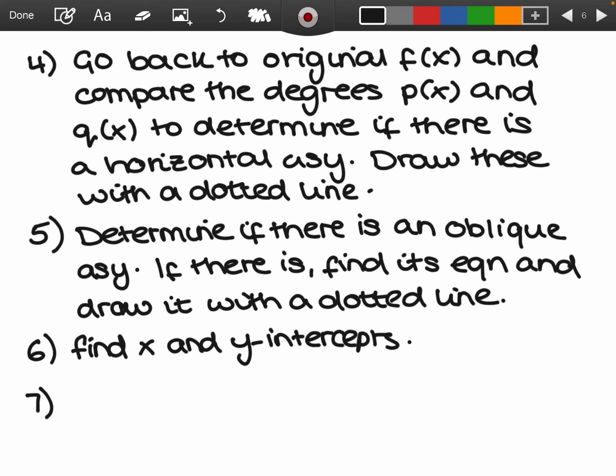And the last thing to do before we actually draw this is to determine the end behaviour using that horizontal asymptote that you have. So look at what happens as x goes towards positive or negative infinity so that you can see what actually happens at the end behaviour of this graph. And then we can go ahead, put this all together and draw it.